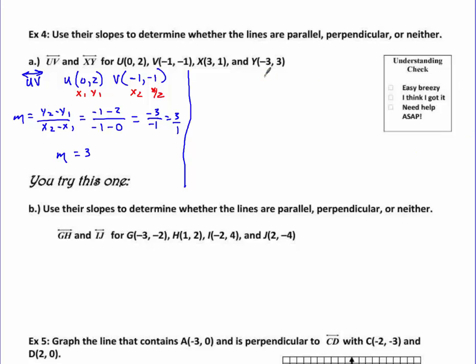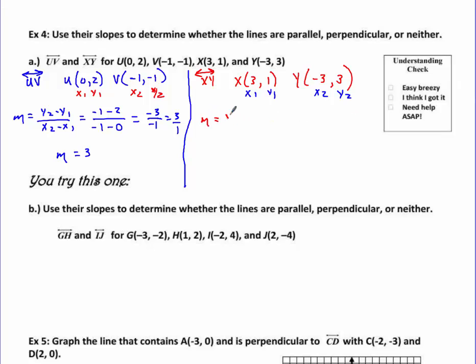And now we're going to look at line XY. And XY has the point X is 3 comma 1 and Y is negative 3 comma 3. So for this line, x1 y1, x2 y2. So again, we're going to do the slope formula.